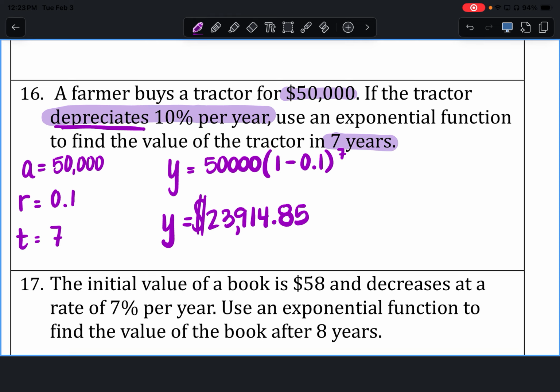So what is our initial amount? 28,000. What is our rate for this one? 0.025. Okay. What is our T? 15. Okay, because 2000 to 2015 is 15 years.